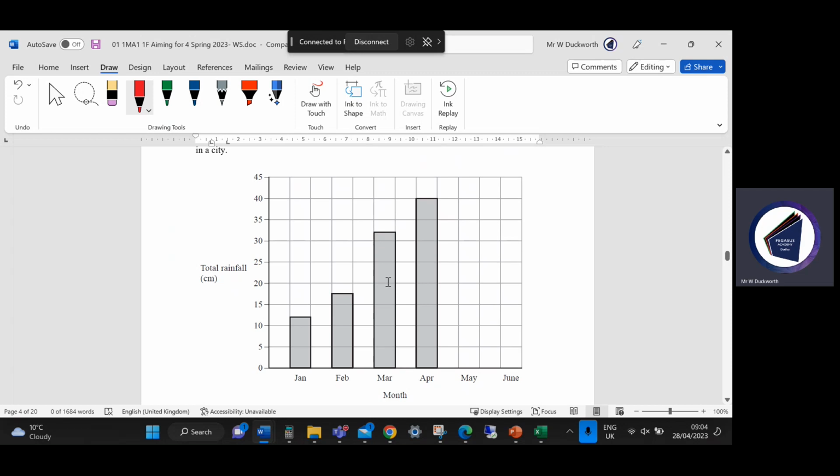So my May bar needs to be up to 35, so I'm just going to put the points in that I want to plot. And then in June, I'm looking at 20. So I need to give a gap. I'd argue that we should have had an extra bit on the grid, but we haven't. That's fine. And then straight lines to draw similar looking bars.